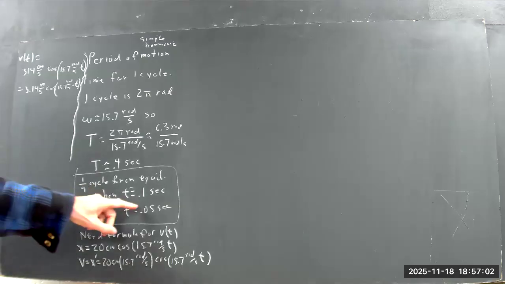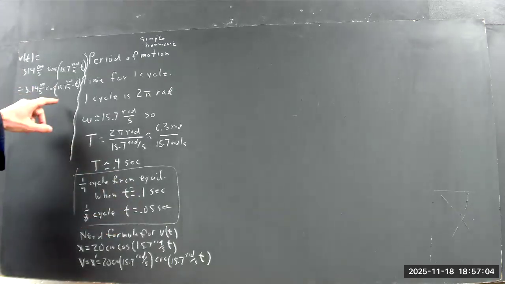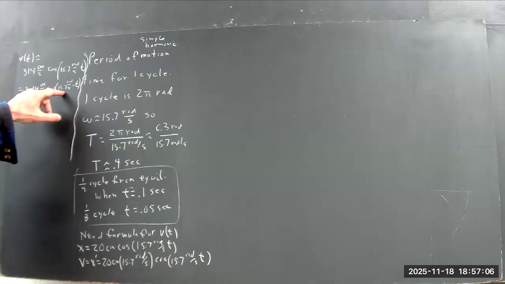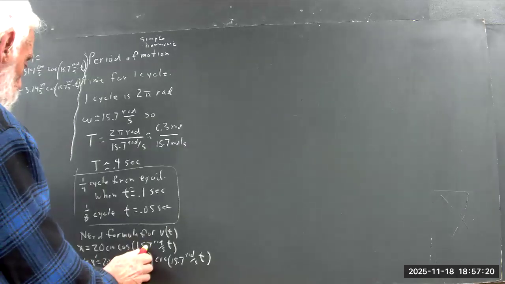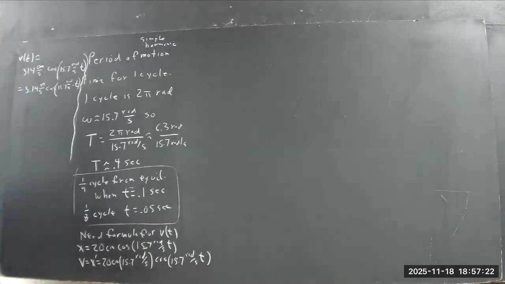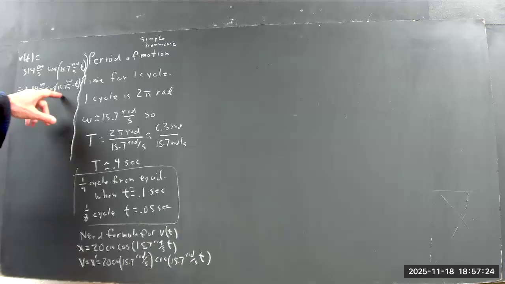Turns out that 0.1 second gives you 1.57 radians. Cosine of 1.57 radians is cosine of 90 degrees, approximately. Okay, now my estimate 15.7 was fortuitous.